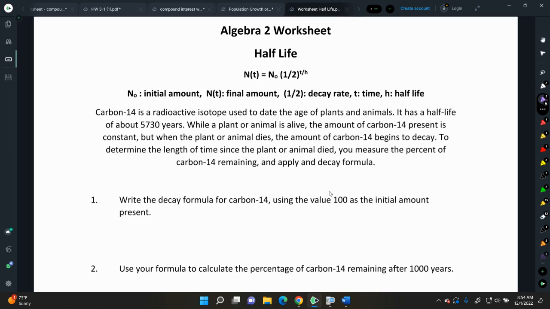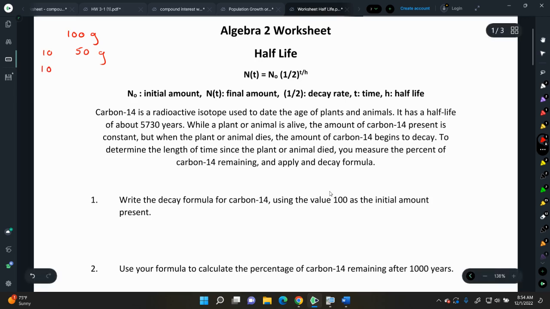In the next 10 days, what am I down to? Okay. I can see on your faces, some of you are getting it, some of you are not. I start off with 100 grams. In 10 days, I've decayed to 50 grams, which means I lost half of it. In another 10 days, I lose half of it, so I'm down to 25 grams. In another 10 days, I'm down to 12.5.